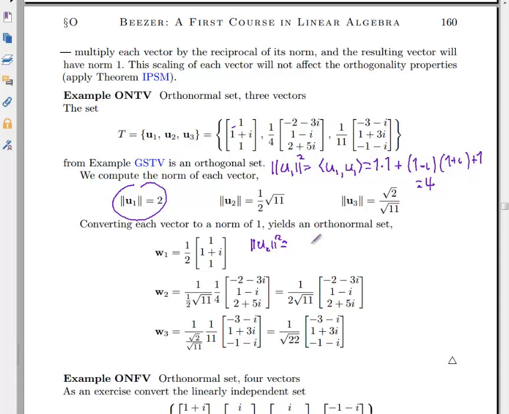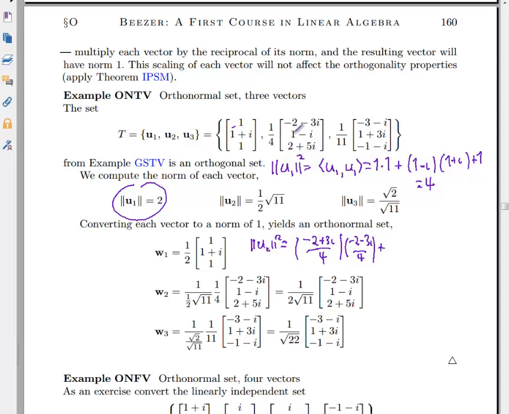Now this 1/4 is going to distribute into all of these, so the first term is going to be minus 2 plus 3i over 4, times minus 2 minus 3i over 4.